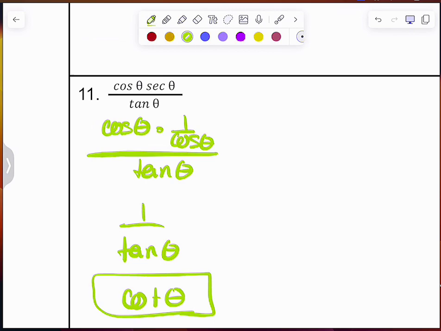Fun fact, you're allowed to know that cosine times secant equals 1, so you could have skipped the first step. I tend to write more steps rather than less steps because it's less confusing, it's easier to follow, but you're allowed to skip. How do you feel?